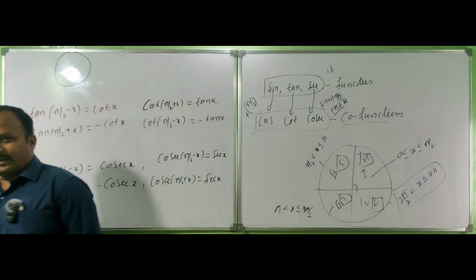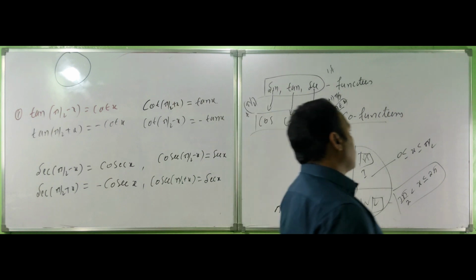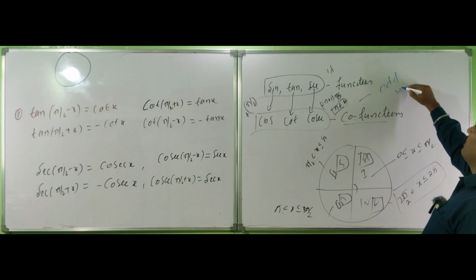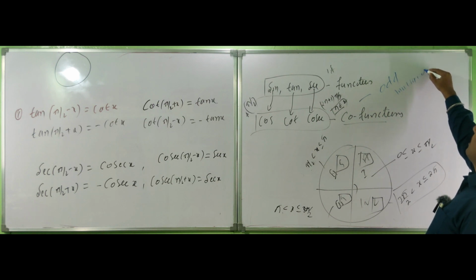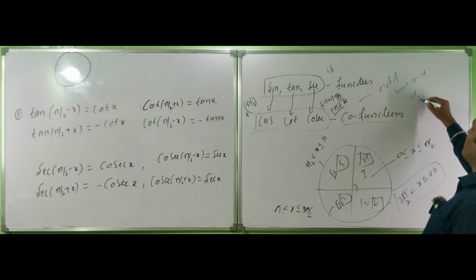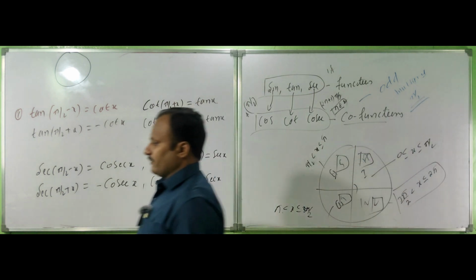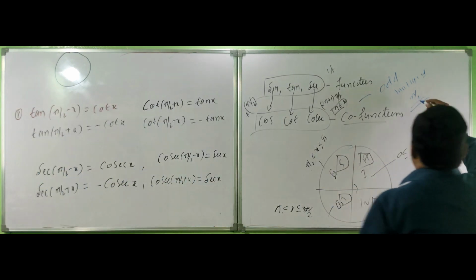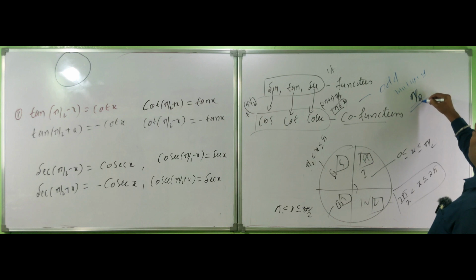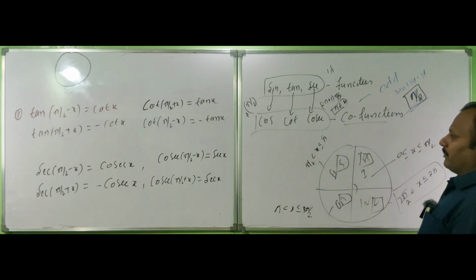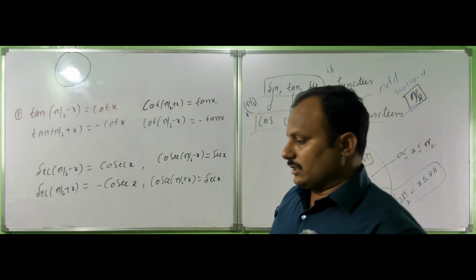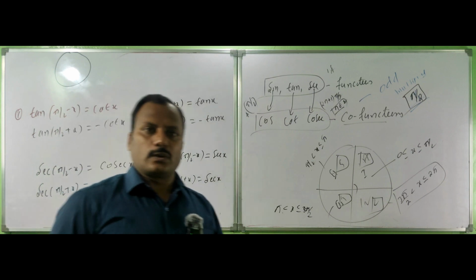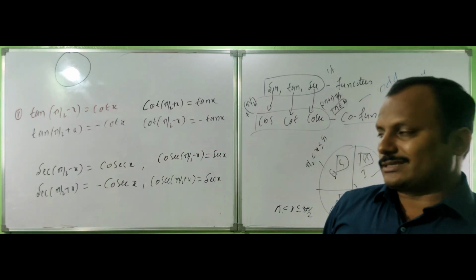Remember, at odd multiples of pi by 2, the co-function changes. The remaining angles, pi (180 degrees) and 2 pi, give the same function with respect to the conditions applied to the sign.